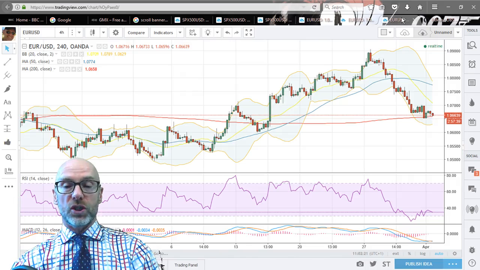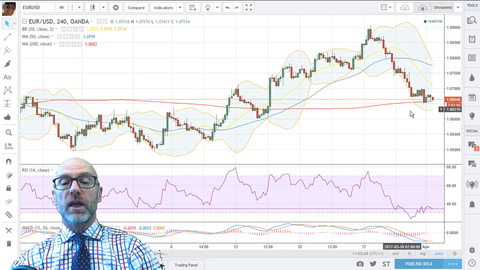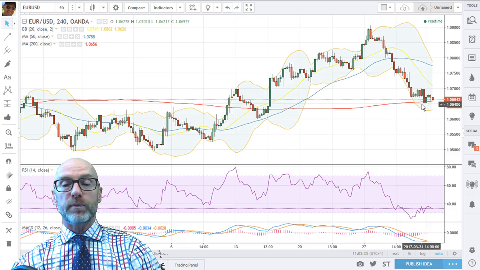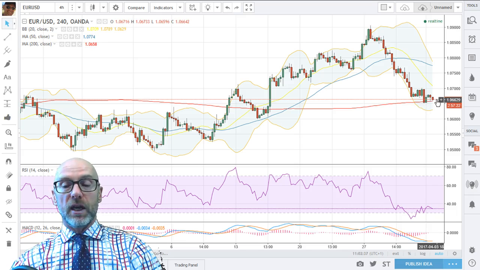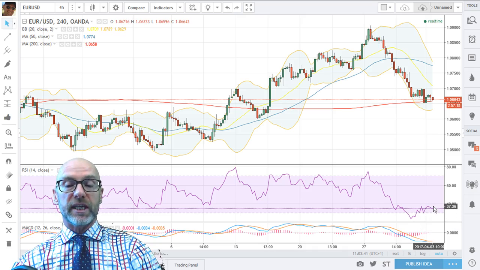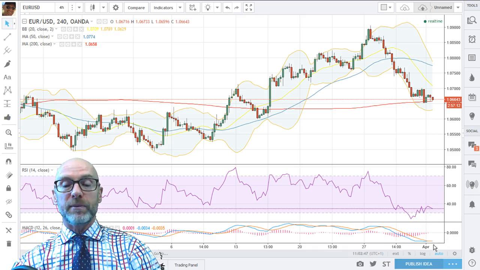On the shorter term, this now is a 4-hour chart, and you can see that we're finding support from this red line, which is the 200 4-hour moving average, and we've found support on that for the last 16 hours, which is positive. That's allowed the RSI to start to tick up, although it's still in very low ground, but perhaps indicative of base building.